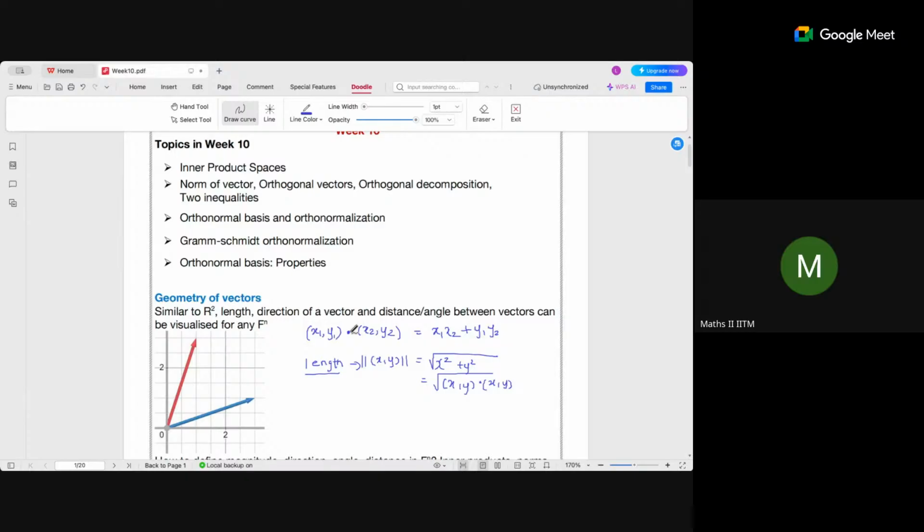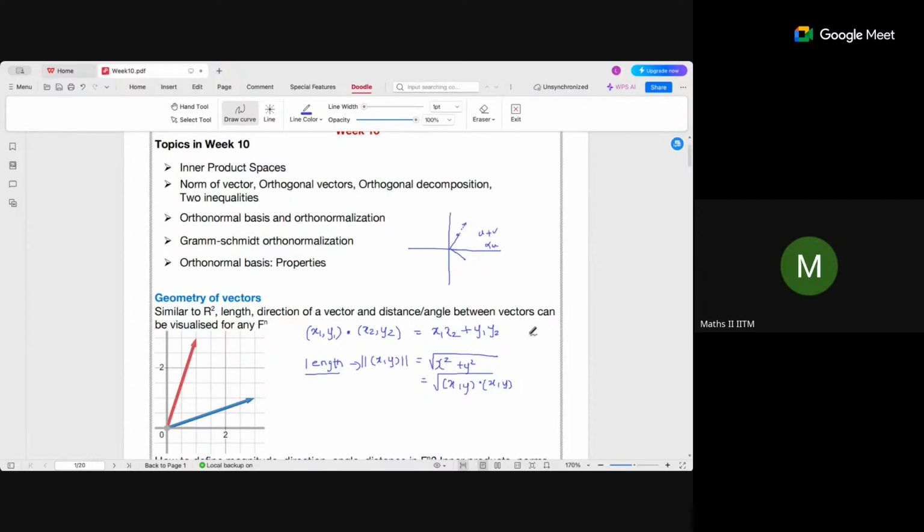Okay, so how did we give the motivation for vector spaces? Let's just quickly go back. We first took what is happening in R2. If we had two vectors, how to add them, how to do the scalar multiplication. All these properties of vectors we first saw in R2.